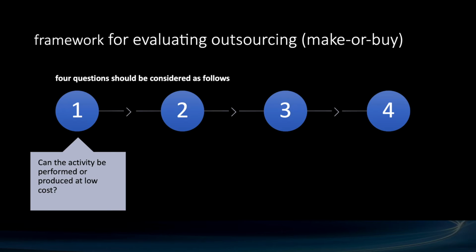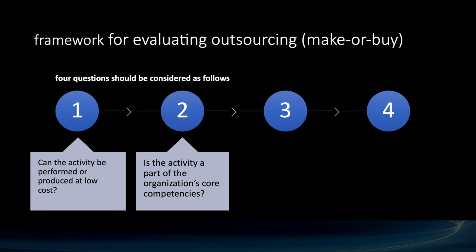This is pretty much the previous factors, but we are just making them into comprehensive questions, so that you can ask them when you are solving your make or buy decision. Can we perform that activity in a low cost manner? That's the number 1 question.